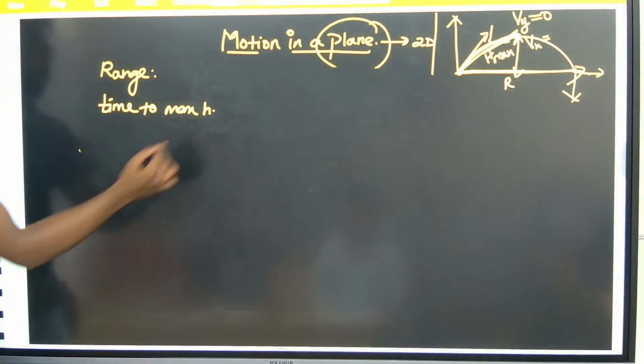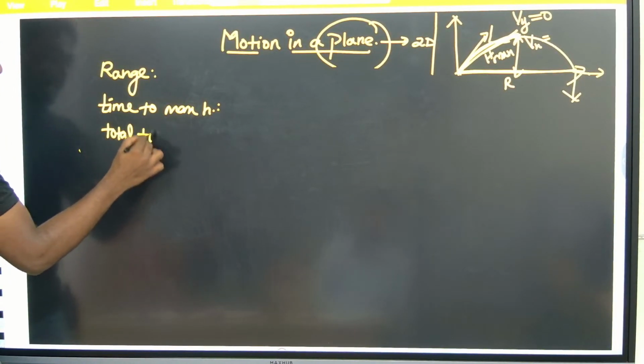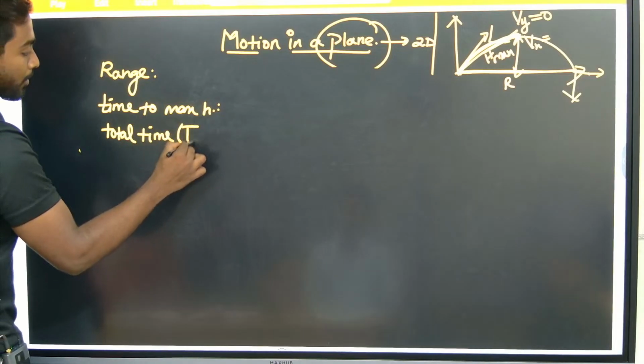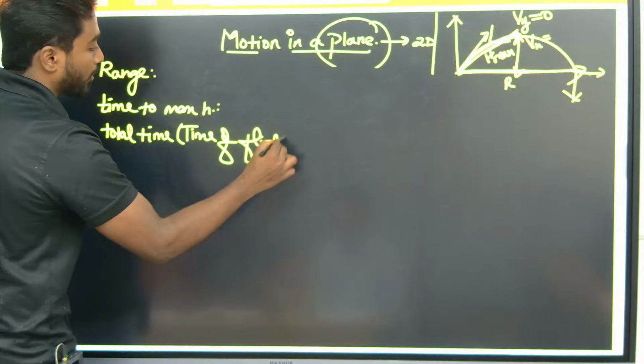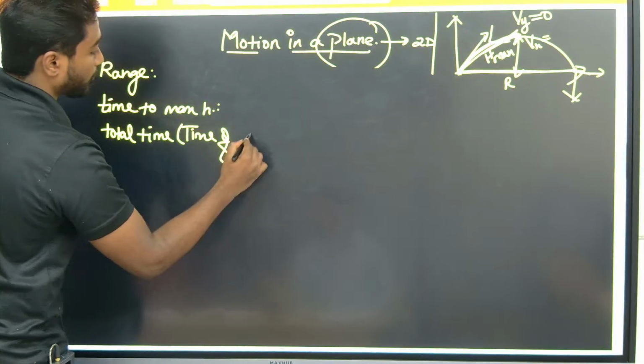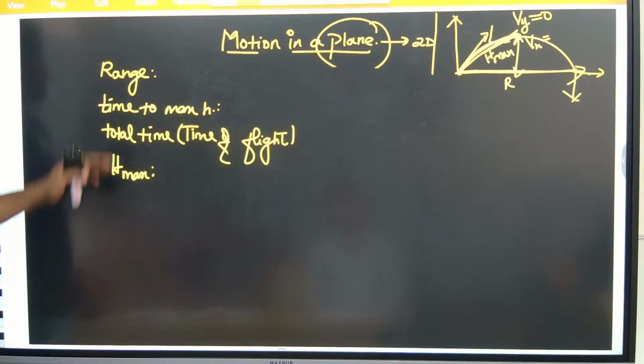Maximum height we got. Total time, which is nothing but time of flight, we'll say. Next, H max we got. So 4 things we got.